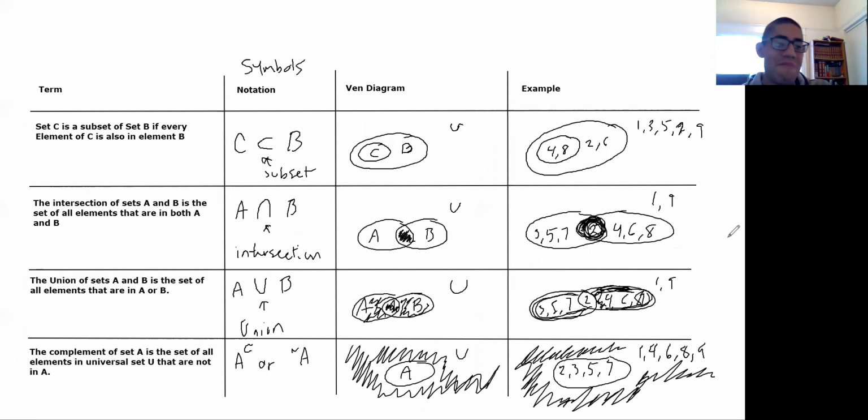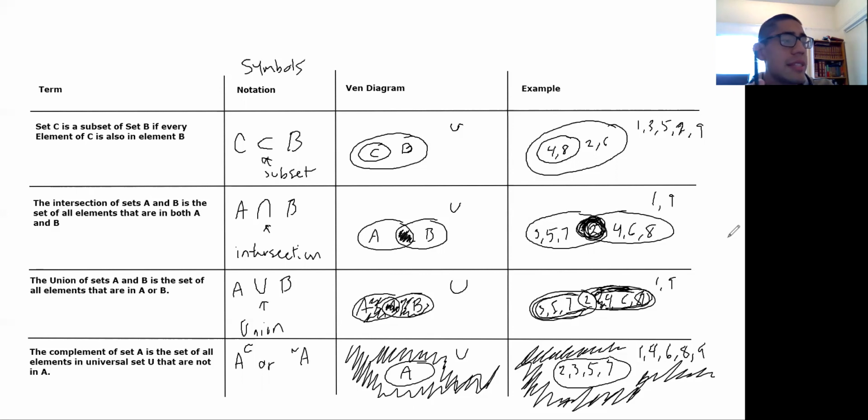Okay, so next one. The intersection of sets A and B is the set of all elements that are in both A and B. Okay, what is this saying? The translation is just saying that this word intersection, this is where it can get a little confusing.